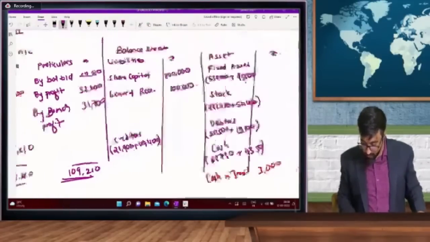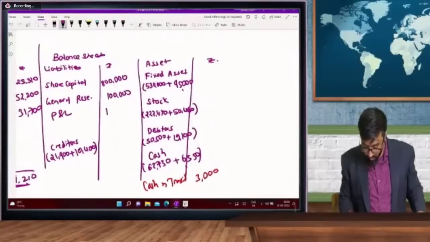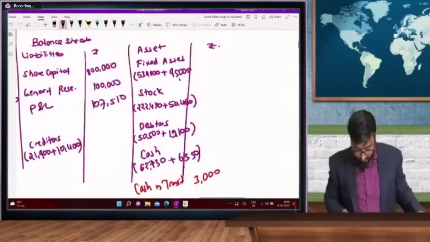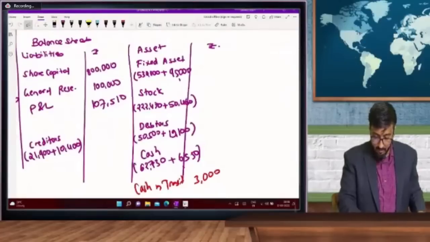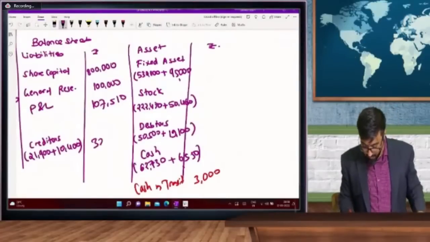107,510. Profit and loss account, we are going to write it over here. 107,510. Now take a total of creditors. 21.9 plus 10.4, so this is 32,300.